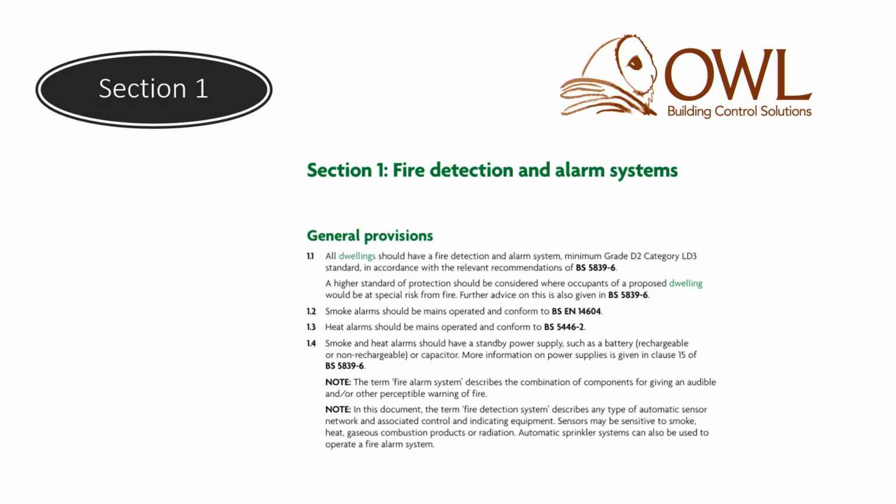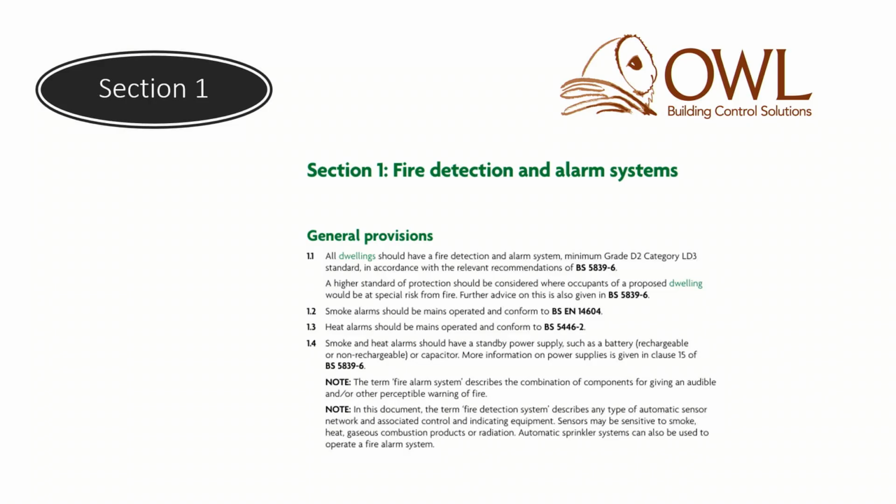It says that all dwellings should have a fire detection and alarm system in accordance with grade D2 LD3. I won't go through the different requirements relating to BS 5839-6, but in essence, grade D2 LD3 is a circulation type system, with detection in any circulation spaces in those locations. There are a couple of other British standards for heat alarms and smoke alarms, and their accordance with the manufacturers' requirements.